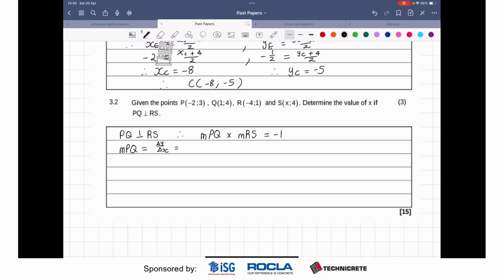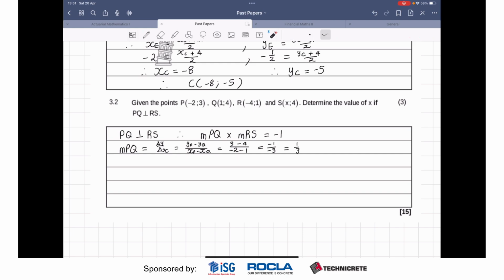So I'm going to have the y of P minus the y of Q over xP minus xQ. So y of P is 3, y of Q is 4, over the x of P, which is 2, minus the x of Q, which is -1. So I have -1 over -3, which is 1 over 3.